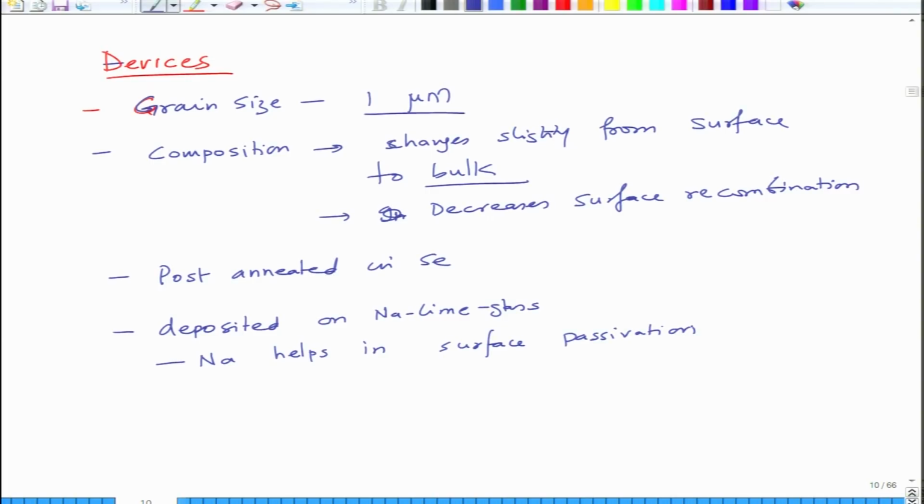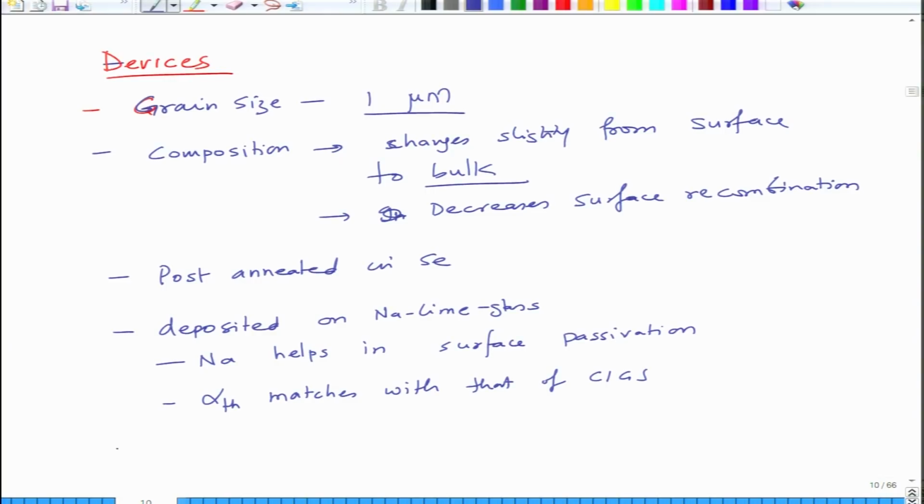So, it controls the surface passivation by controlling the dangling bond density, and it also controls the cell vacancies. And so, soda lime glasses are useful in these devices. Also, its coefficient of thermal expansion, alpha thermal, matches that of CIGS. So, thermal stresses in the devices are lower and you have less cracking in the thin films.